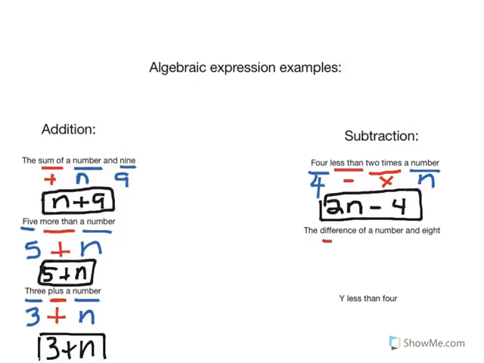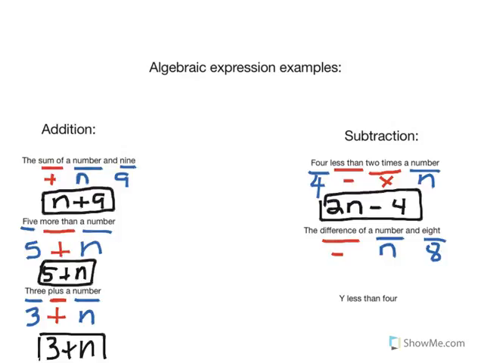So the difference indicates subtraction of a number and 8. A number is our variable, which is n, and 8 is our number. So the difference of a number and 8 will end up being n minus 8.